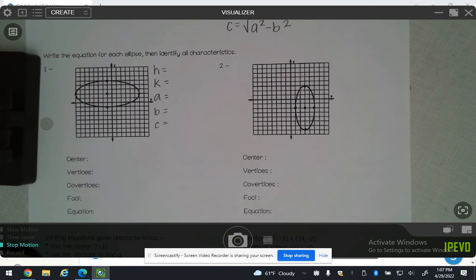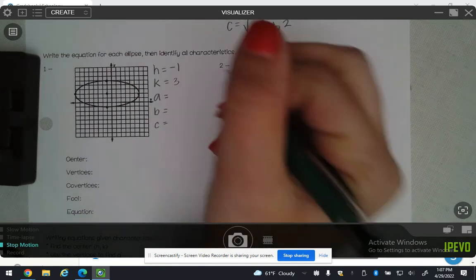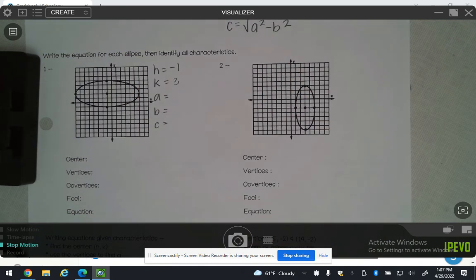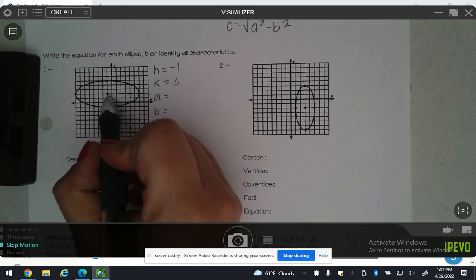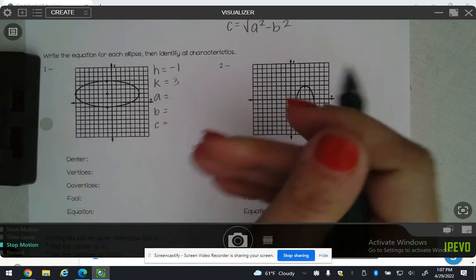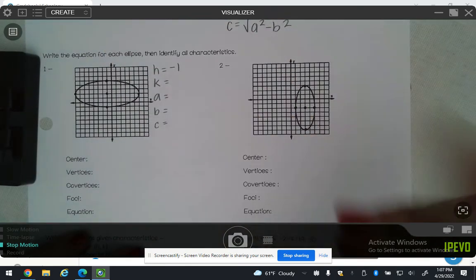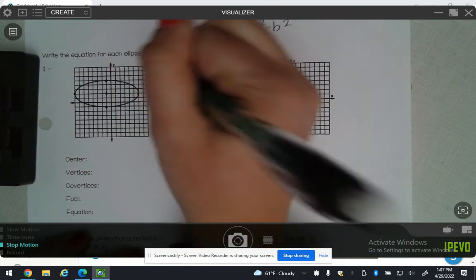Okay, so what's H on number 1? -1. K is 2. Here's your center.